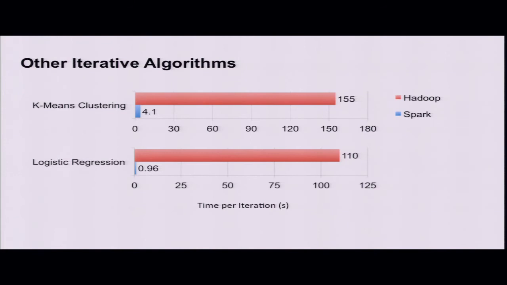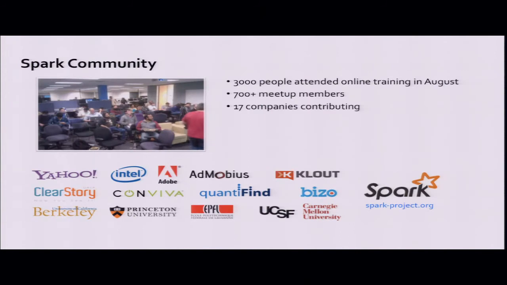Why do you have different improvements? It turns out it is because you have different degrees of communication in these algorithms. When communication starts to dominate, the improvements will reduce.